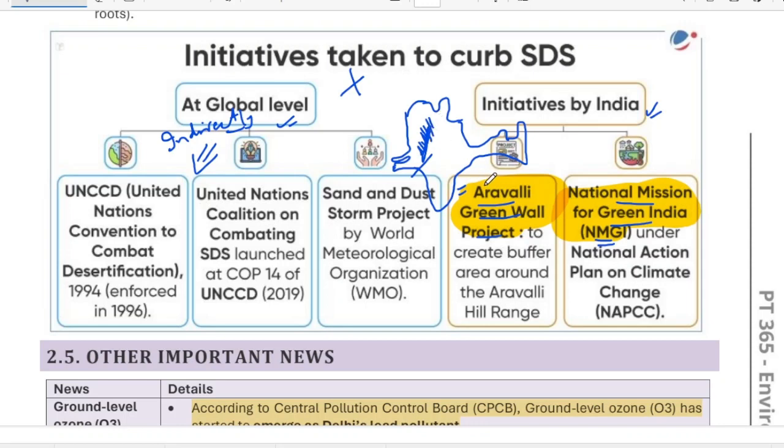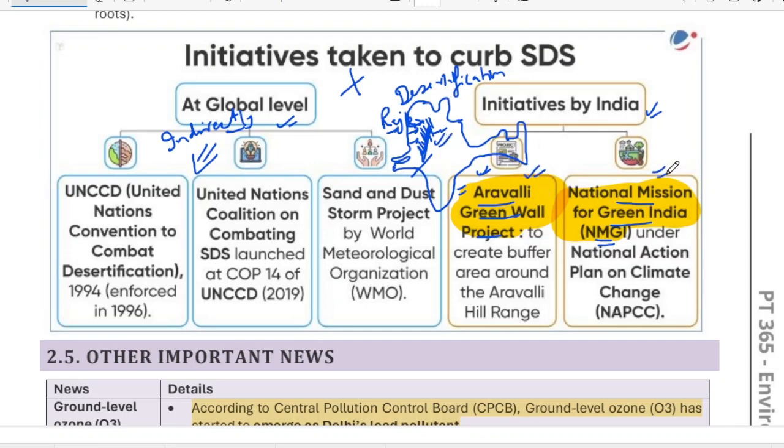So this is the Aravali Green Wall project. It will reduce the inflow of sand from the Rajasthan area to other areas. The expansion of sand will reduce, and hence desertification of this land, which is highly fertile, will reduce.